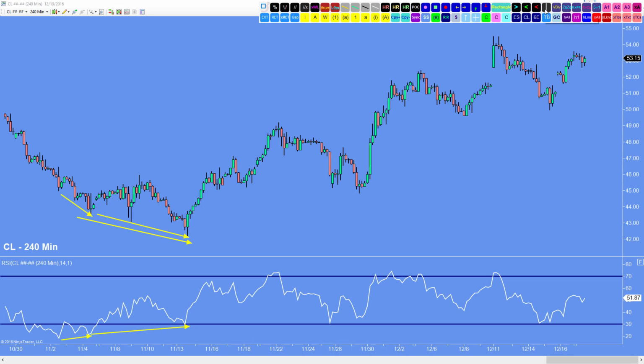So right here, we have our initial swing high in the oscillator. And then right here, we have a higher high in price, but a slightly lower high in the oscillator. So let's remove those vertical lines so you can see it better.